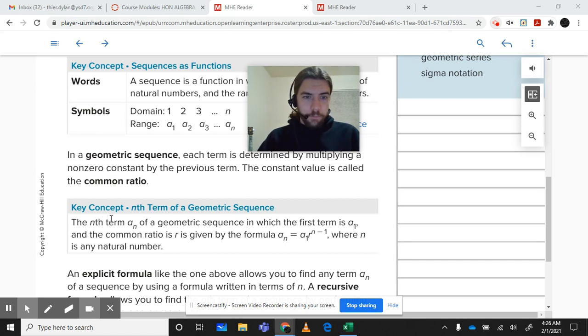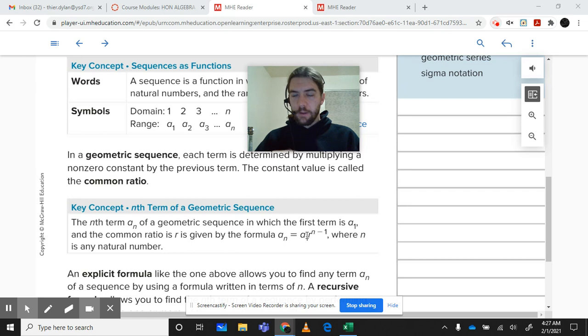The nth term, an, of a geometric sequence, in which the first term is a1 and the common ratio is r, is given by the formula an equals a1 r to the n minus 1, where n is any natural number. What we're saying is that you're taking your first term in a sequence, our starting position.